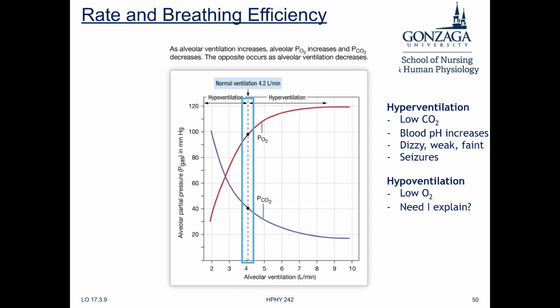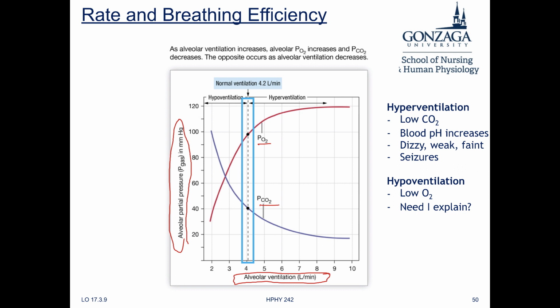Now, getting into how the rate of breathing actually impacts our gas exchange. This is illustrated by this graph right here. On the bottom, we have the alveolar ventilation, which is how much air is reaching the alveoli per minute. On the y-axis, we have the partial pressures of certain gases. The graph shows both the partial pressure of oxygen and the partial pressure of carbon dioxide.